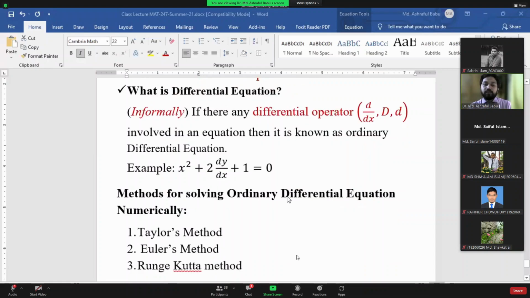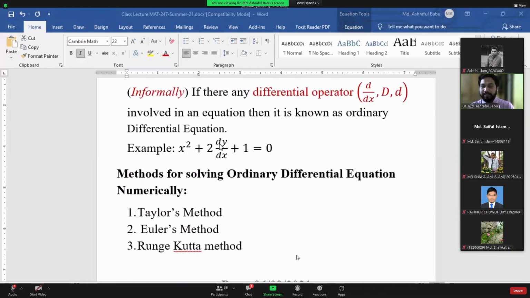So these types of equations we basically solve by these numerical methods. That means this is a differential equation, and these types of differential equations we can solve by these three methods. But there is a limitation also.